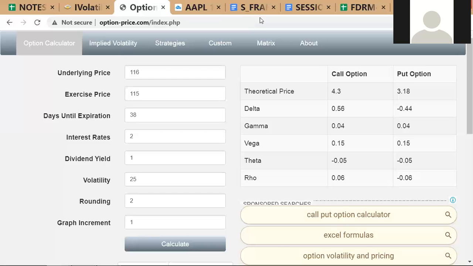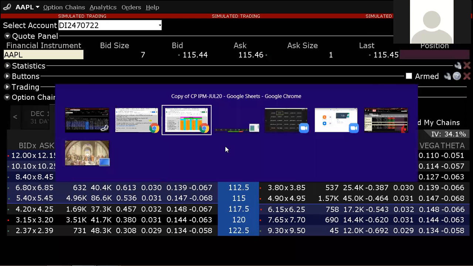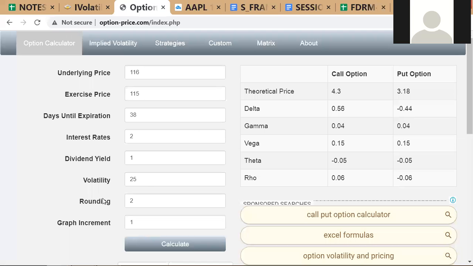Which is the other meaning of I-Vol, which we are coming to also, and this is connected to this. But essentially, let's understand the meaning of I-Vol. This vol of 25 is producing a call option price of only 4.3. This is in the OVM, option valuation model. These are the other factors. We are assuming that we are correct about 2 and 1 here. We don't know for sure. Then the I-Vol is 25.